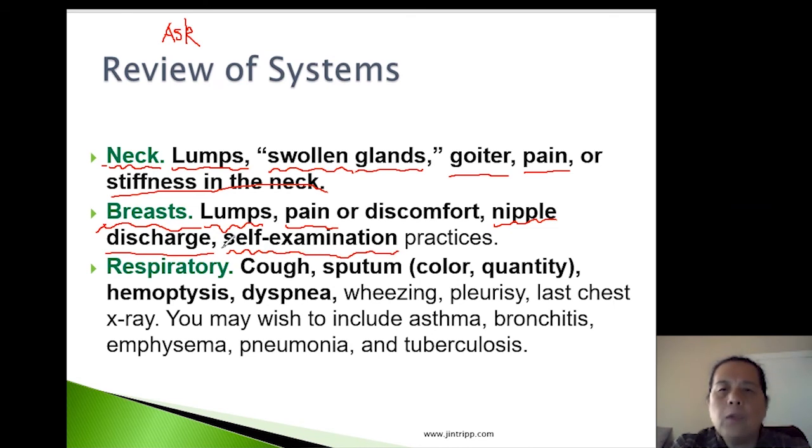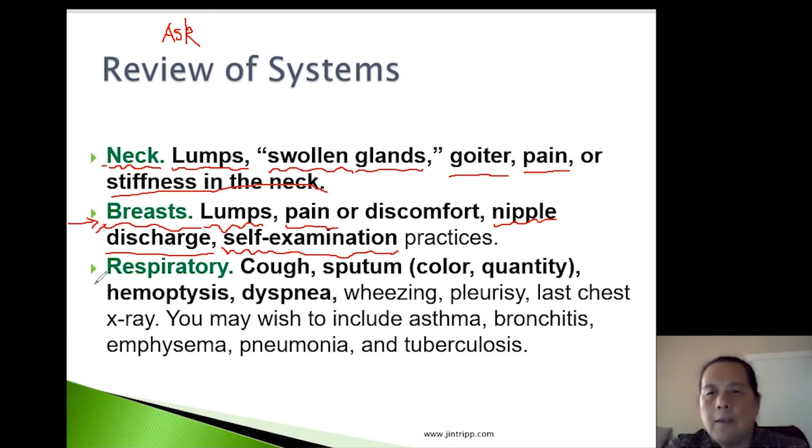The way to do self-examination of the breast tissue, we will talk about later in the examination part. But here we just ask the patient's questions. If they check their breast tissue, basically we expect it to be regular, like every week.